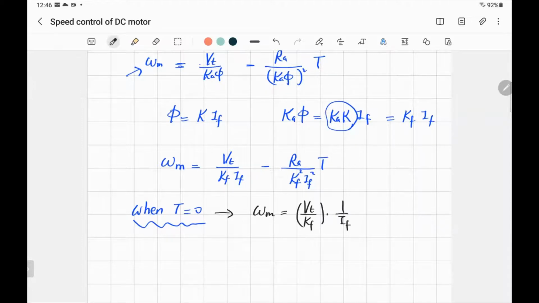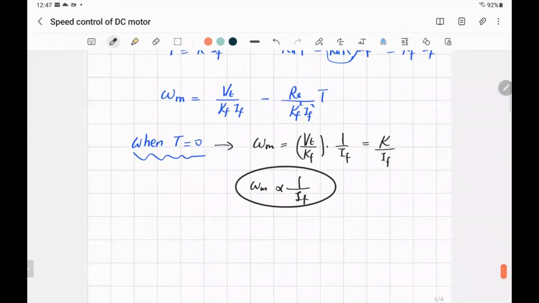I'm focusing on the field current now. If the terminal voltage is constant, just call it all K over If. So omega m is inversely proportional to the field current.